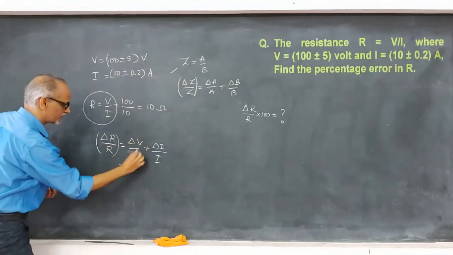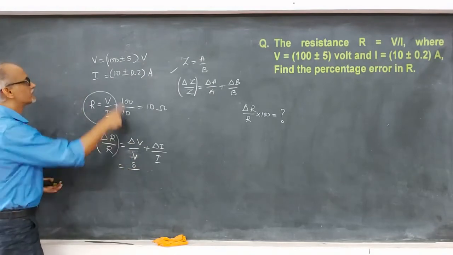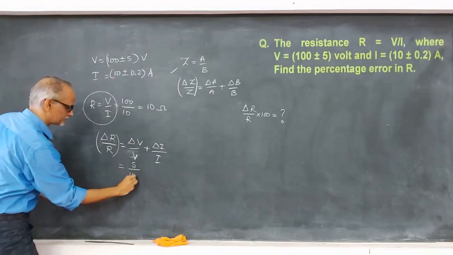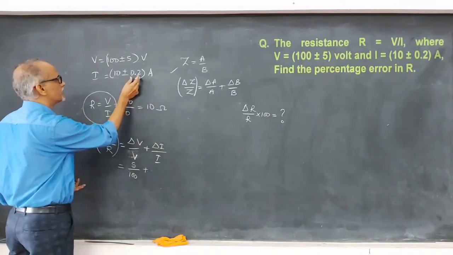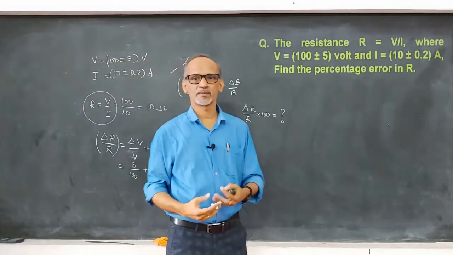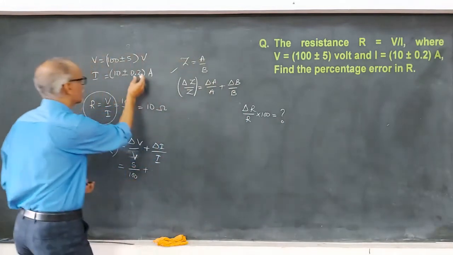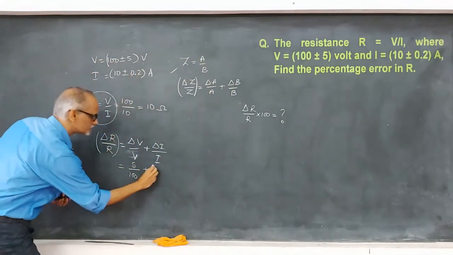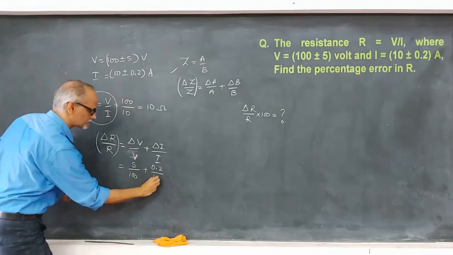So this delta V by V is 5 divided by the value of V, which is 100, plus delta I by I, here 0.2 ampere. Which device is used to measure the electric current? It is an ammeter. So what is the least count of that? It's 0.2. 0.2 divided by I, which is 10.